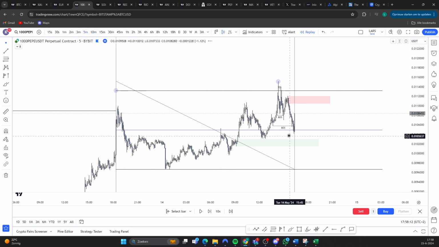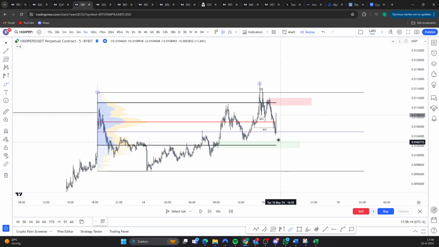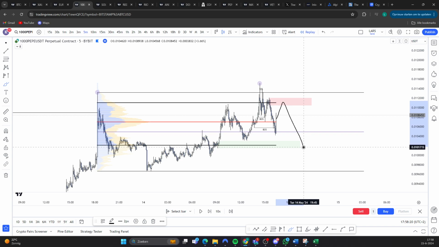I would try and trade this. Yeah, I would try and trade this. Take it towards here and then see what happens from there.